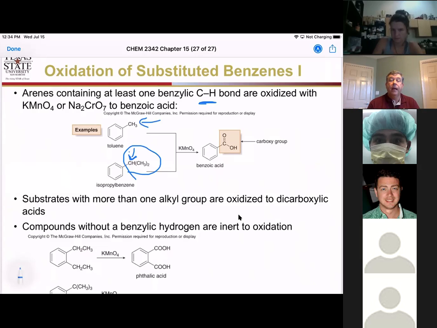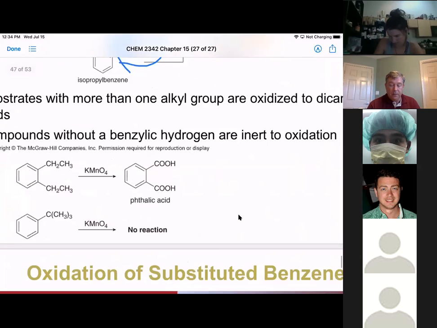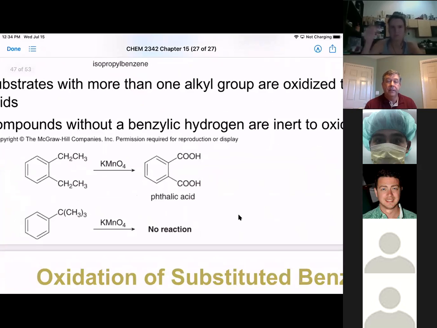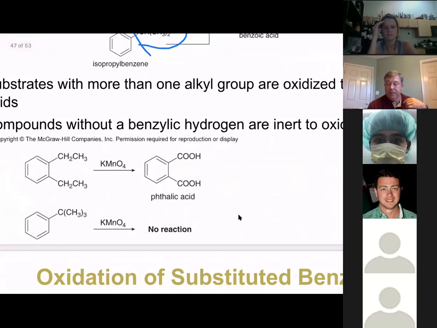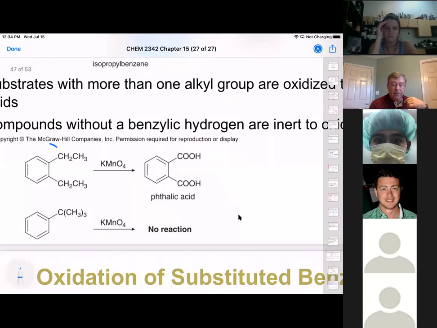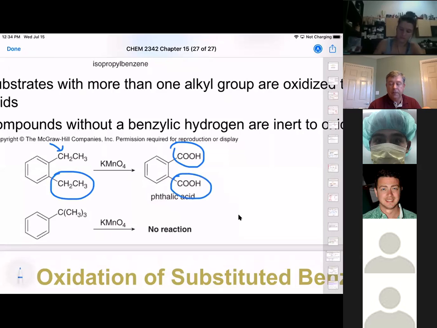Okay. Now, if you have more than one of these groups on there, there's no specificity. Once it starts oxidizing down, it's going to continue oxidizing all of your alkyl groups. So in the case of this lower example, we have diethylbenzene right here. And not only will it start oxidizing the first one because it has benzylic hydrogens to the carboxylic acid, there's no reason it's not going to oxidize the other one down to give us our dicarboxylic acid.